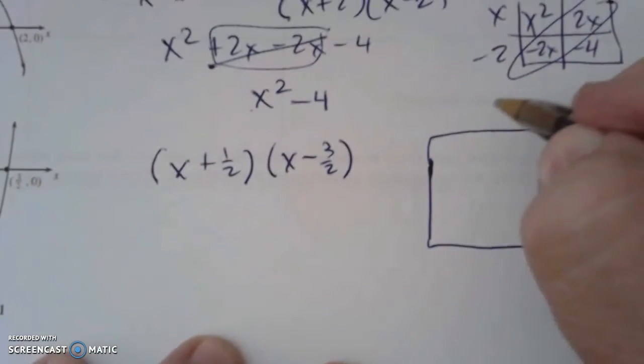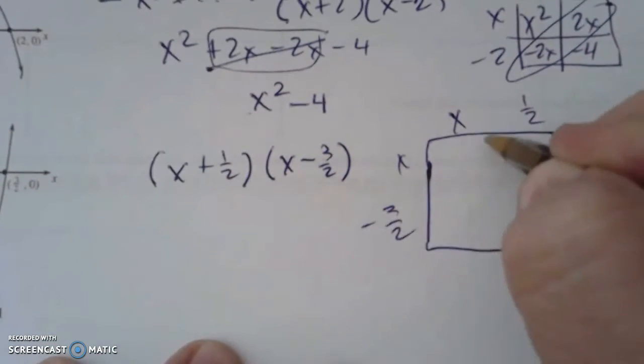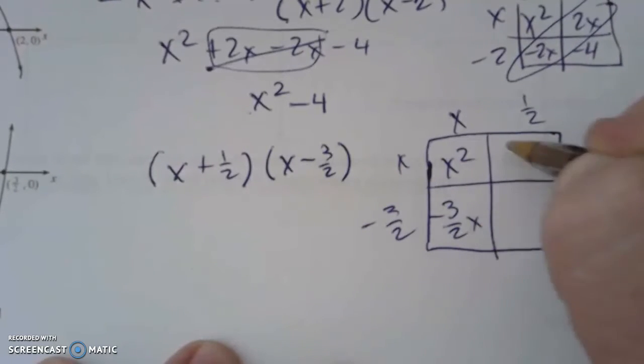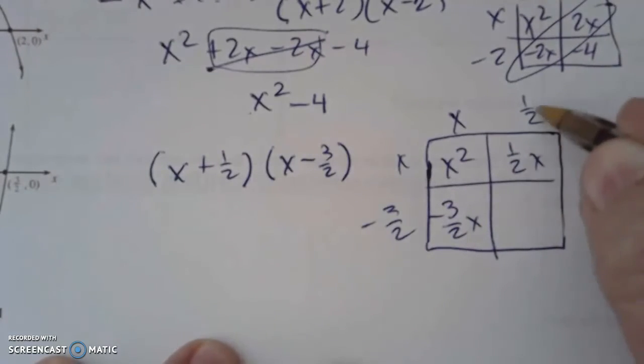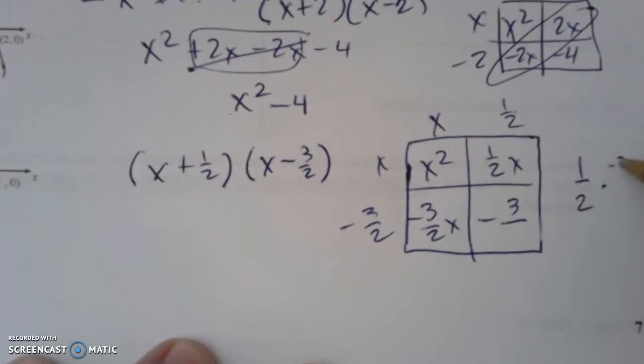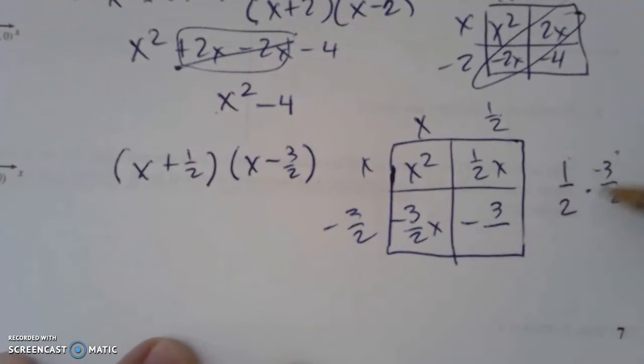Make it a little bigger since there's some fractions. x, 1/2, x, negative 3/2. Get x squared, negative 3/2 x, 1/2 x. A negative times a negative is a positive. Now how do you do that? That's 1/2 times negative 3/2. Negative 1 times negative 3 is negative 3. 2 times 2 is 4.